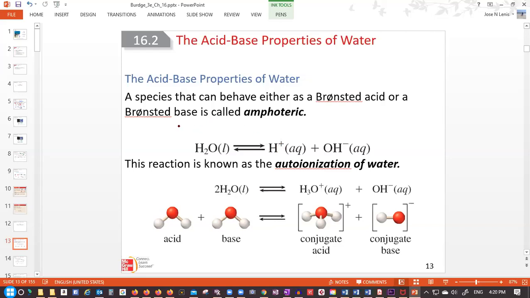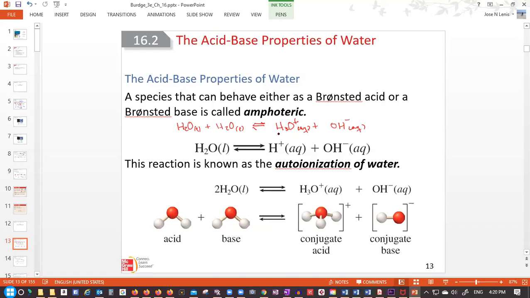That's why I prefer to write H2O liquid plus H2O liquid in equilibrium with H3O plus aqueous and OH minus aqueous. We have the hydronium ion here and the hydroxide ion, as I mentioned before.